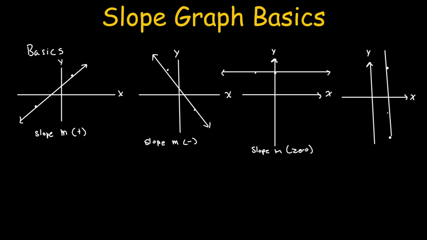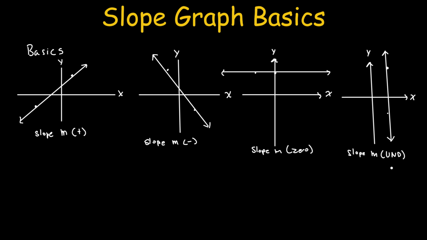Not sketched to perfection, but we will learn these foundations, these basics. So it means that the slope here, m, is undefined. What does that mean? It means that you are dividing by 0. So whenever you divide by 0, it's undefined. So the line is vertical. It has a vertical slope.